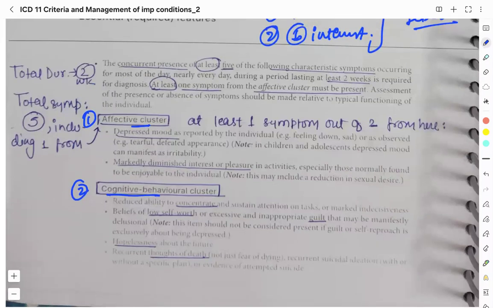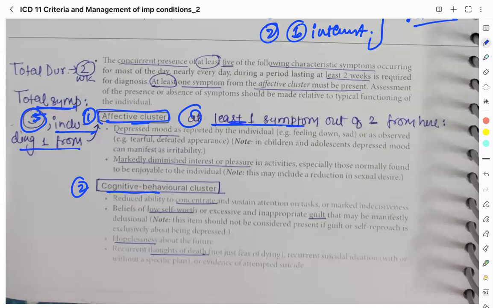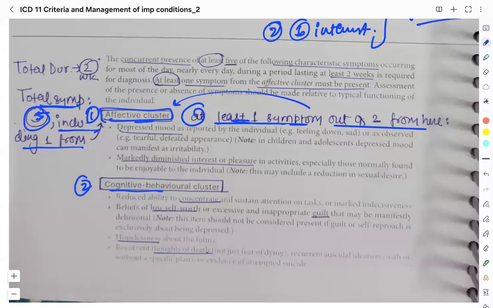And then they say that the total symptoms that need to be present are five, including one from affective cluster. So at least one symptom out of two should be there from affective cluster. So affective cluster says either depressed mood or markedly diminished interest or pleasure in activities.